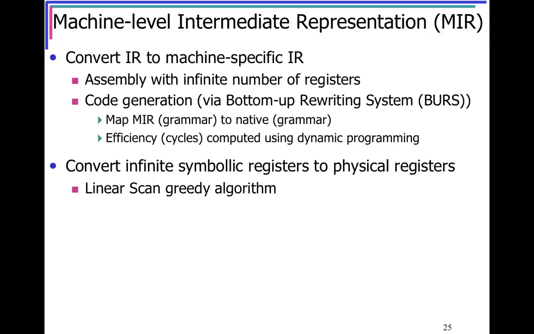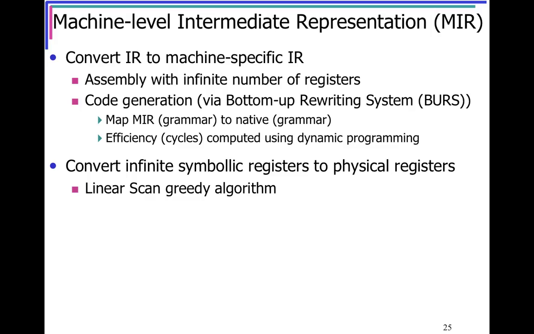It takes a grammar for the intermediate representation, in this case MIR, and a grammar for the native hardware instructions of the underlying architecture, and uses something like dynamic programming typically to identify the best combinations of instructions for that architecture. So this code generator generator produces a code generator from these two grammars that we then can plug into our compiler.